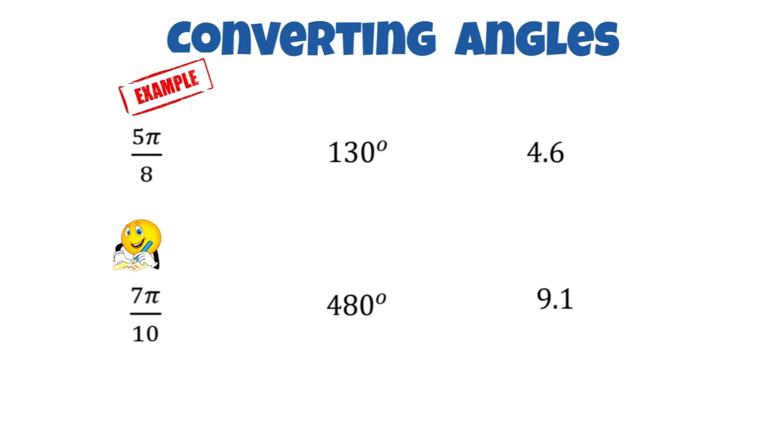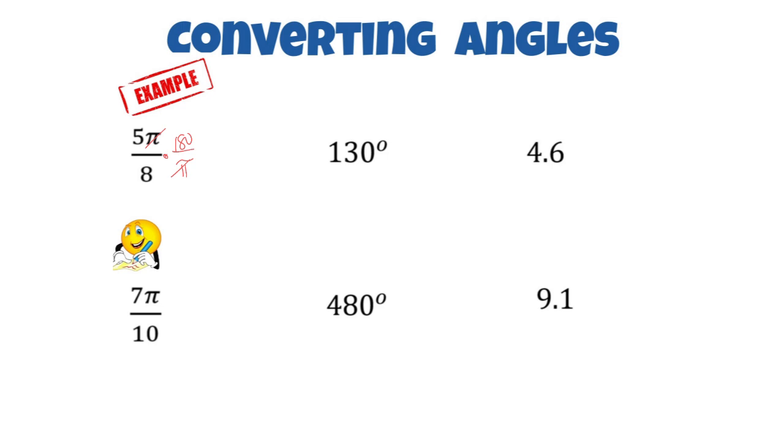So converting angles. The first one, if there's a pi sitting there, we're going to assume that is in radians. So we want to go to degrees. Because I'm trying to get rid of the pi, I know pi is going to go on the bottom. So this is the version where I take it times 180 over pi. The pi's immediately cancel.